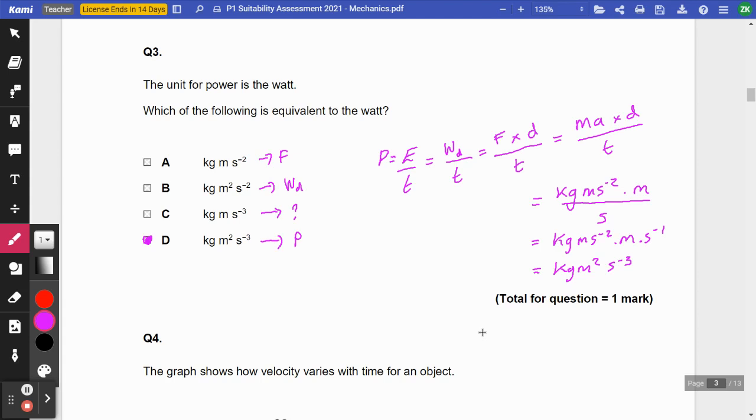Seconds to the minus 2 times second to the minus 1, that's second to the minus 3, so that there is power. Here, that there is force, kilograms meters per second squared. That there is work done, so energy. This one, not sure, that's not part of it. And this is power. So if you selected A or B, you selected force or work done, and if you selected D, that was the right answer.